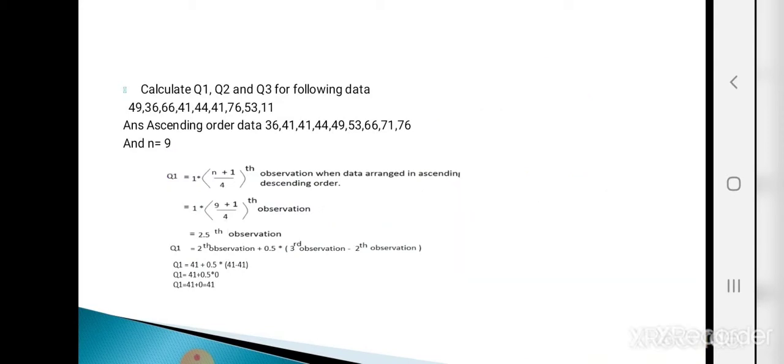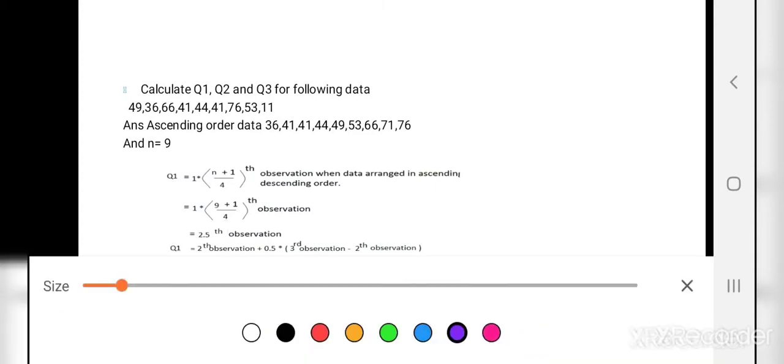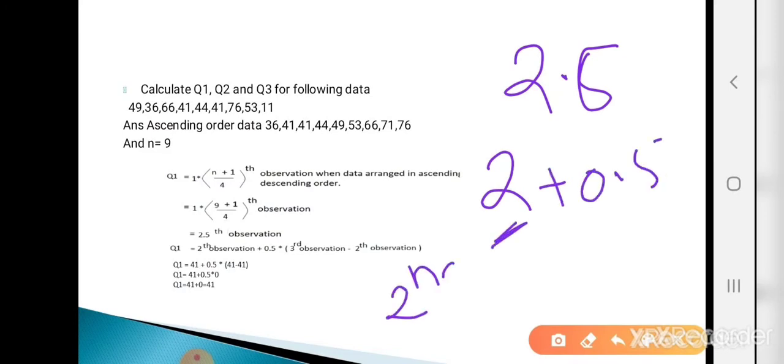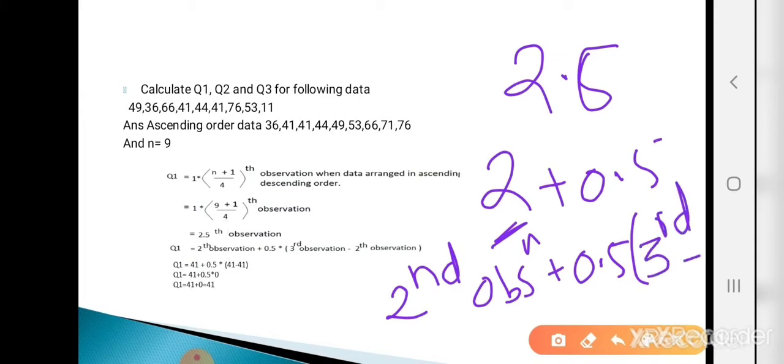So how to calculate the 2.5th observation? This 2.5 is written as 2 plus 0.5. So the first digit is 2: the second observation, plus the remaining part 0.5 times the difference, that is the third observation minus the second observation. Now just plug in the second and third observation values.